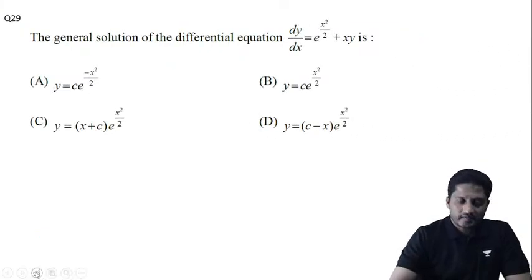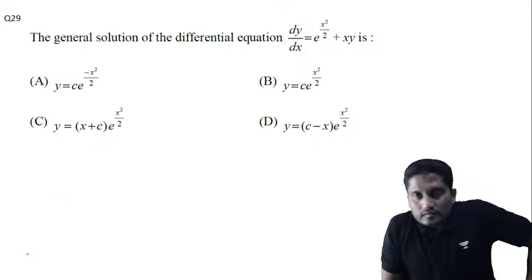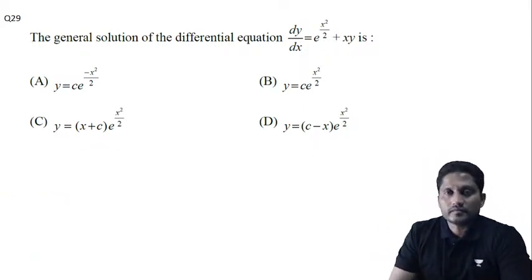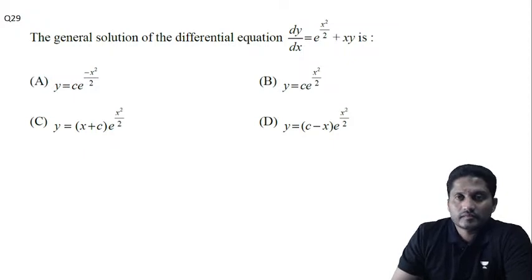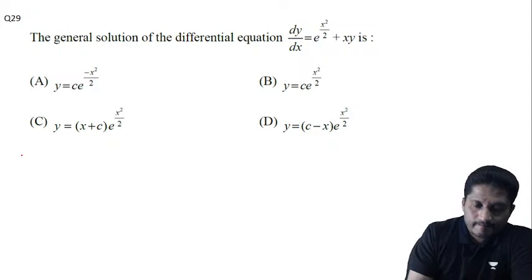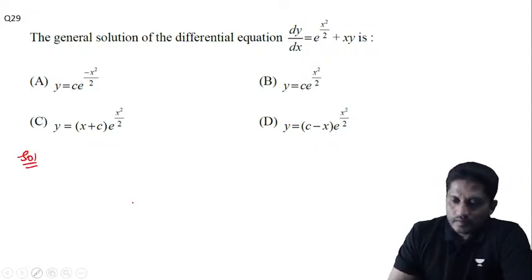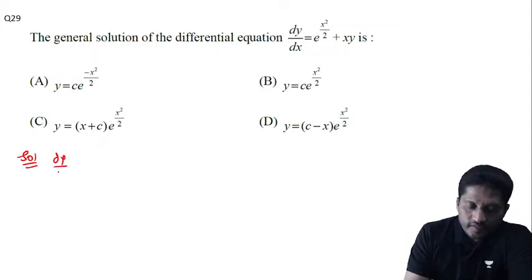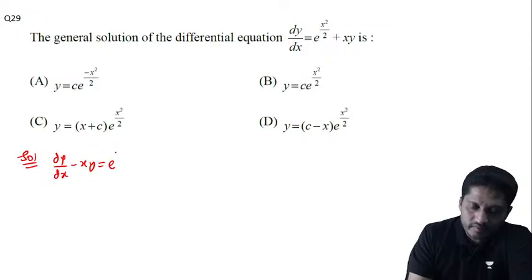Question number 29. This is of the form dy by dx minus x into y is equal to e power x square by 2.